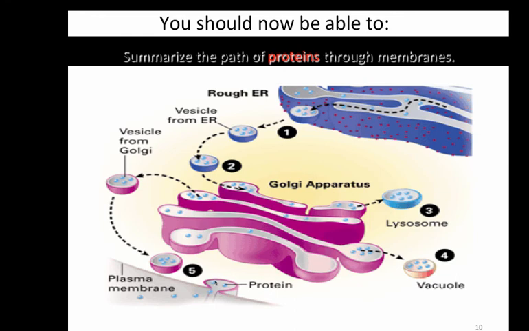So this would be a secretory vesicle. But also, the Golgi produces lysosomes. So this is an example of a lysosome budding off from the Golgi. And then vacuoles are also produced in the Golgi. And this is an example of a vacuole. And recall, there are different types of vacuoles.